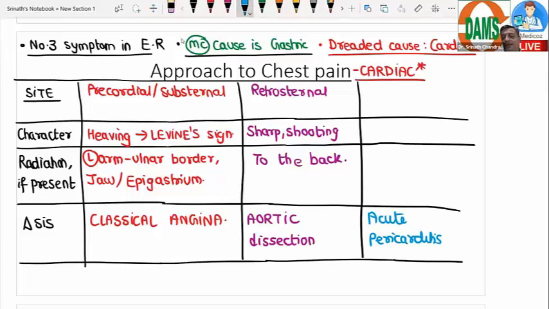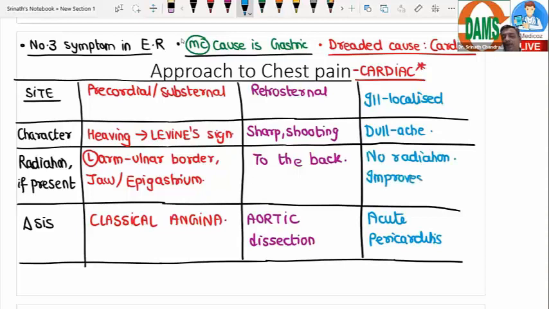Acute pericarditis is an ill-localized, dull aching pain, which has typically no radiation per se, but it typically improves on leaning forward. These are the keywords that you want to look at.